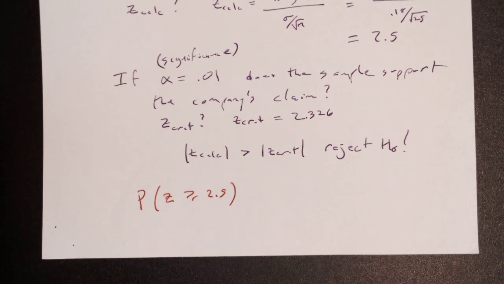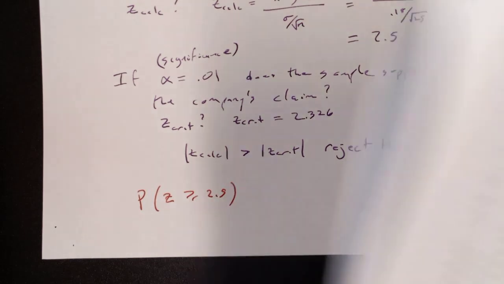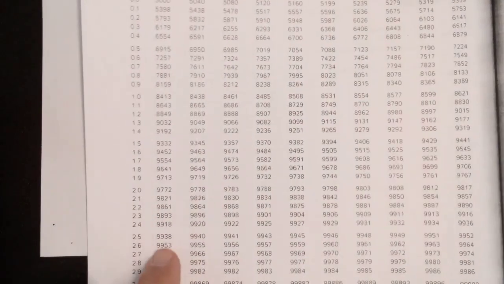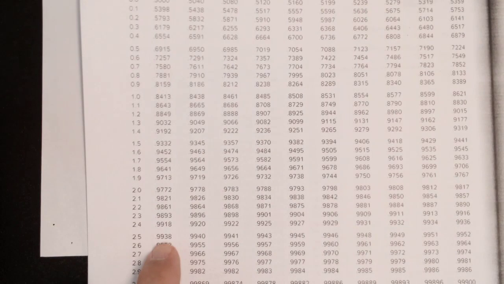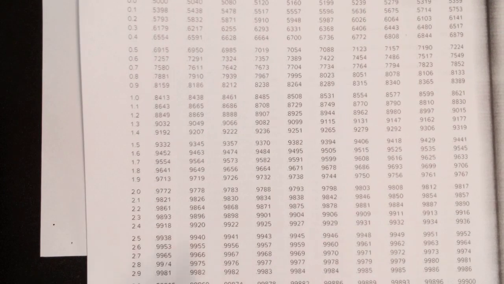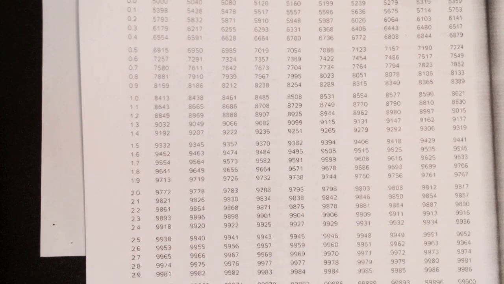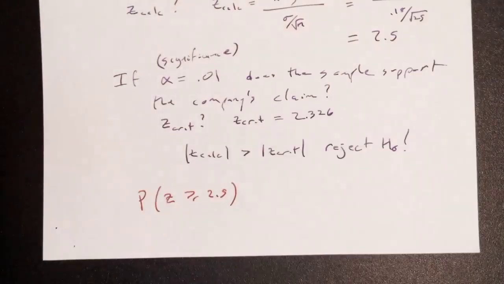That number that you just gave me, how'd you get it? 0.9938. But table C2 measures from my Z value which way? From the left.